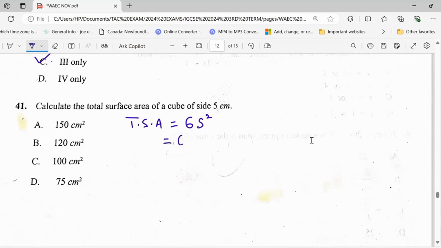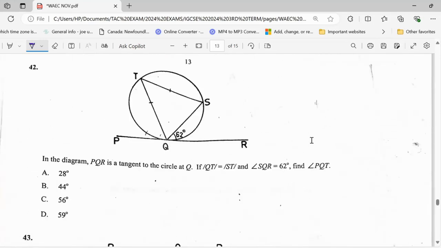That is 6 times 5 raised to power 2, which gives us 6 times 25, and 6 times 25 is actually 150 square centimeters. That is the total surface area of this cube of side 5 centimeters. That's option A. We'll mark that option and we proceed to question number 42.